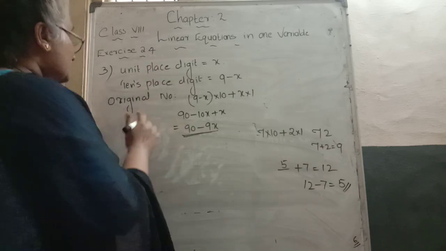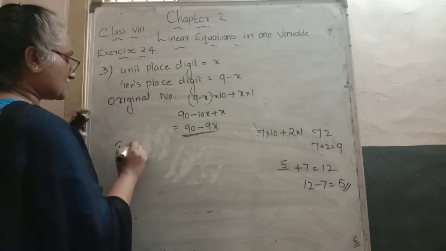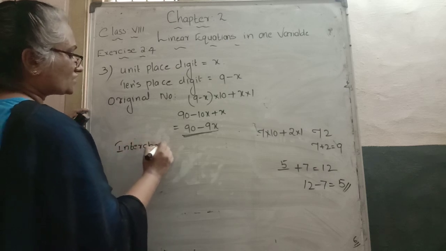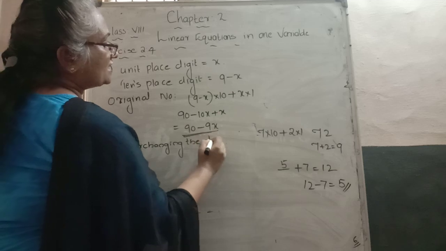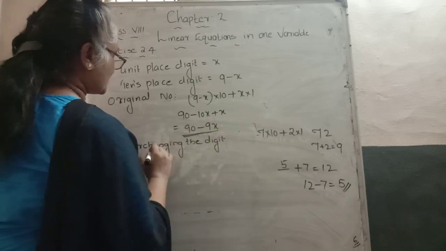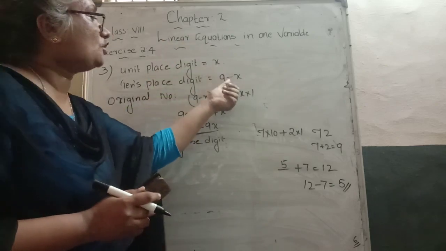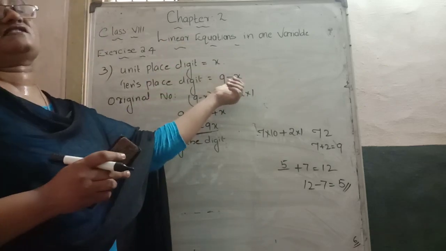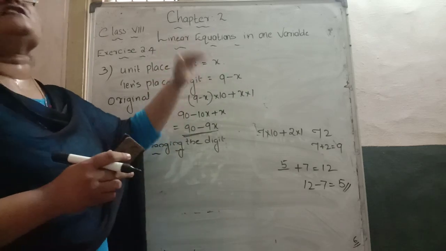Then in the second line of the question, they talk about interchanging the digits. According to the question, the digits are interchanged.